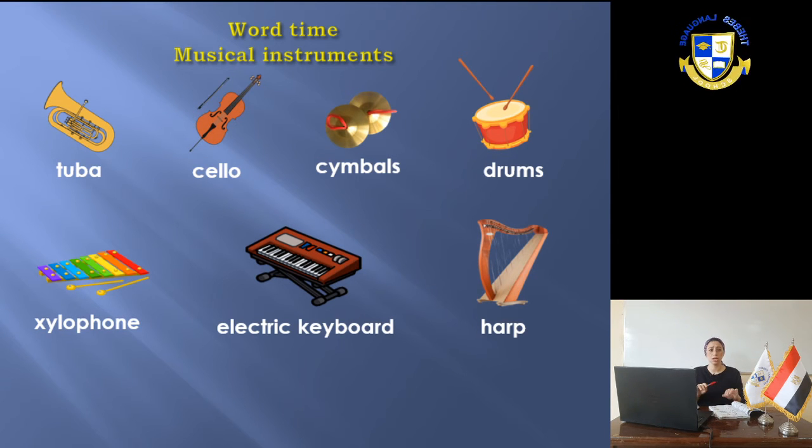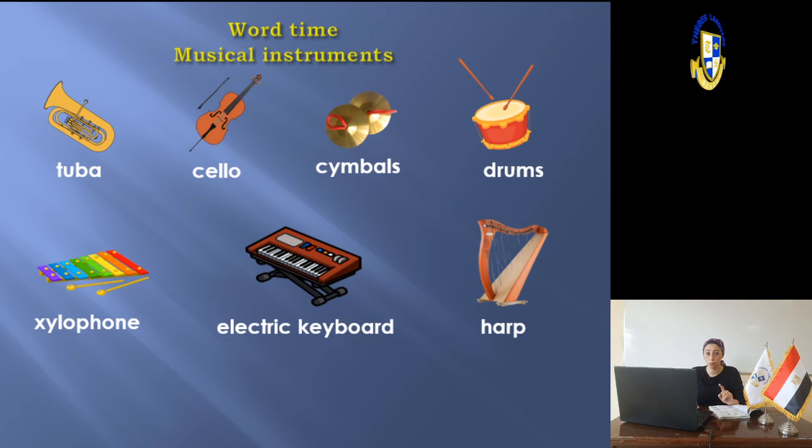Do you know the organ? Yes, we use electricity in order to turn it on. It's a little bit different from the piano. For the piano, we don't use electricity. It's a non-electric instrument. Okay, so electric keyboard, harp.